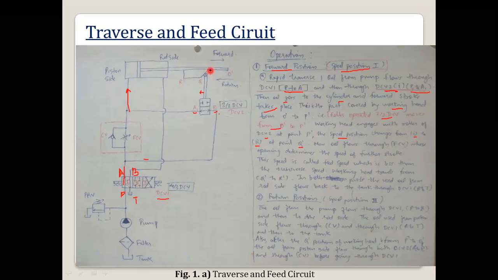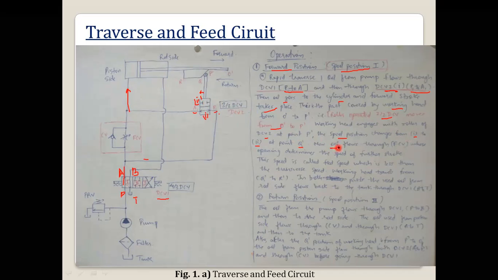When the roller moves from P dash to Q dash, there is engagement of this roller. The position changes from the first position to the second position, which is the closed position.